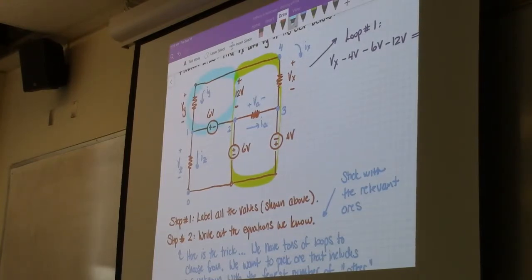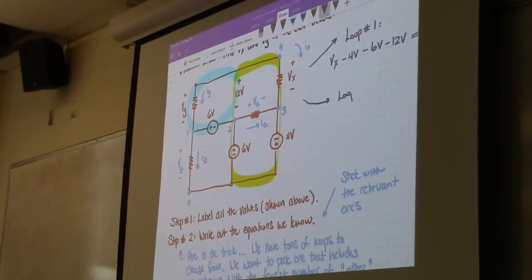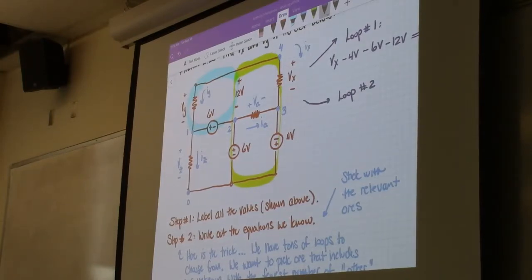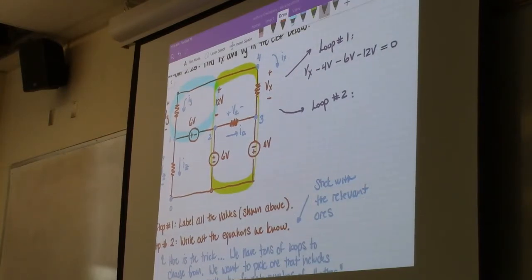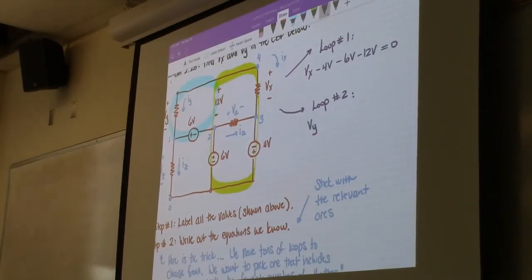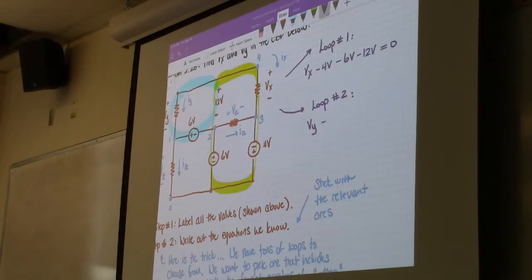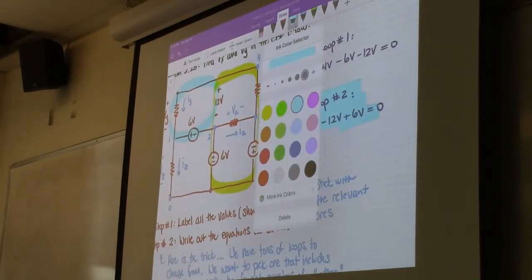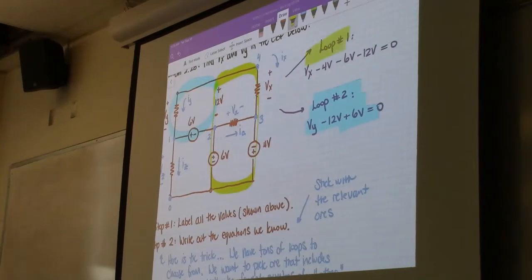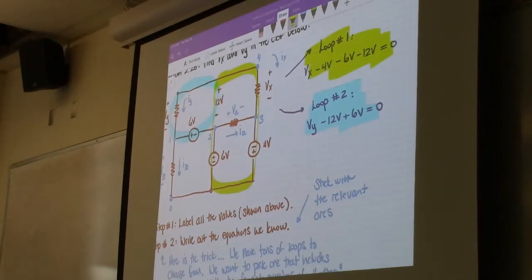All right, and so that loop is going to be Vy minus 12 volts plus 6 volts equals 0. So that's this loop, and that's this loop. All right, and that's it.